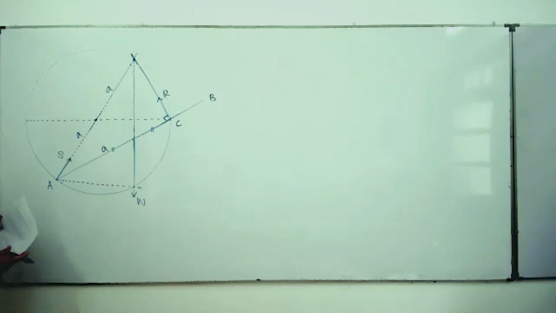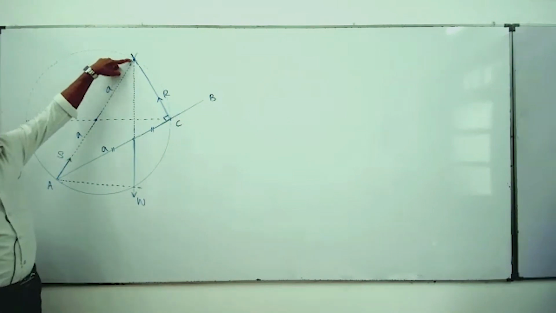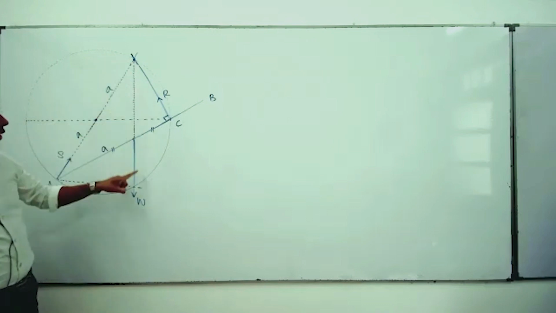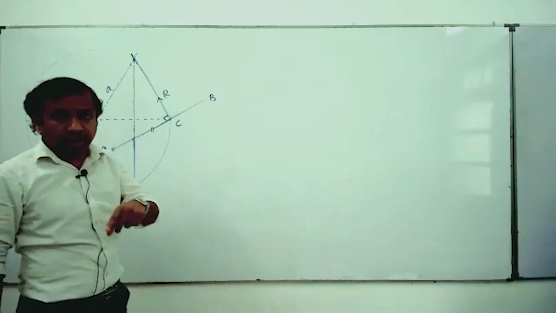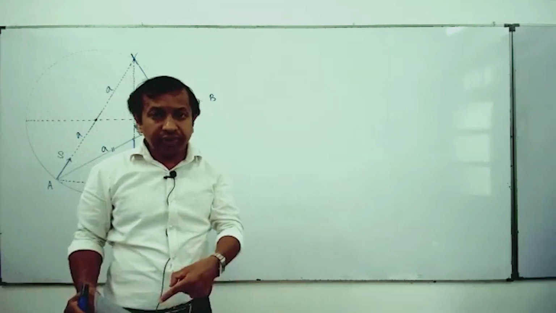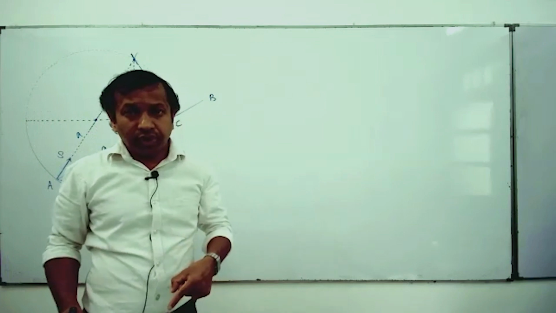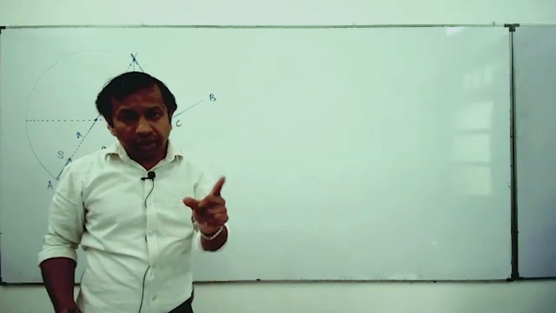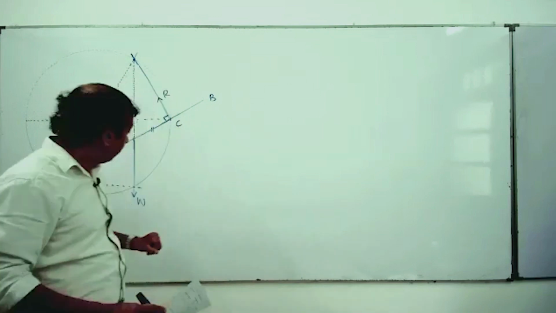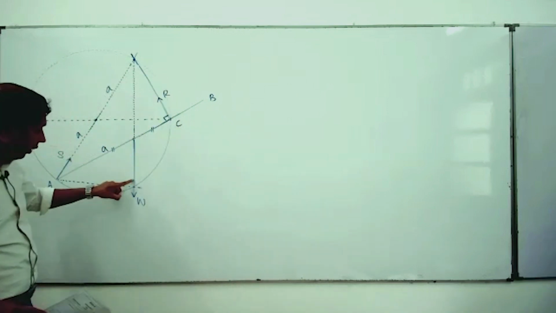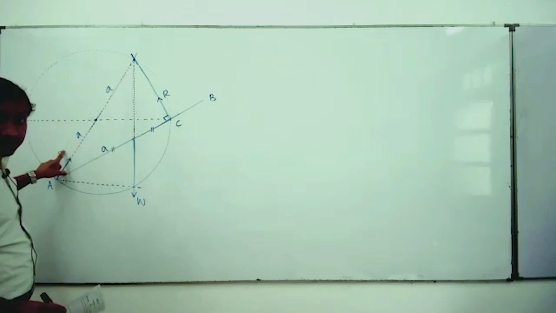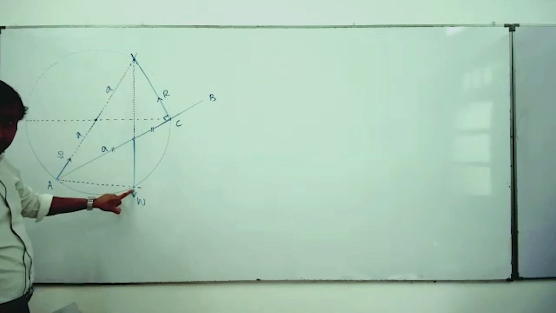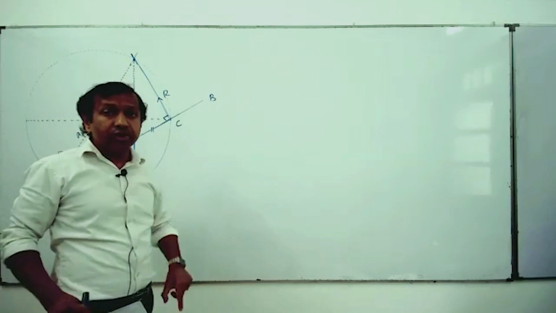Why? This is a diameter. Okay. This is a vertical line. This is a horizontal line. You know, when a vertical line and a horizontal line meet at the point of crossing, the angle should be 90. Then this line and this line meet at 90. But since this is a diameter, this meeting point should be on the circle.